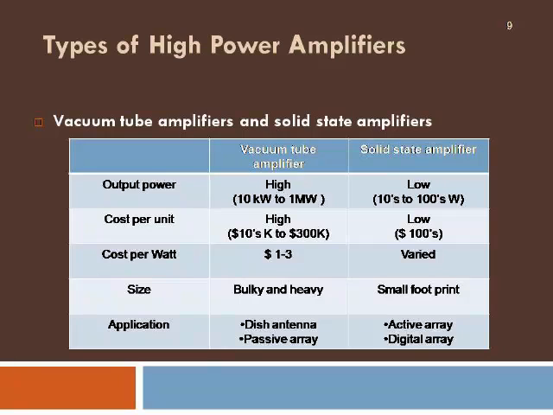We will now see in this slide the different types of power amplifiers available. Vacuum tube amplifiers are one class; the other is solid state amplifiers. If you compare them, the output power can be very high in the case of vacuum tube amplifiers.